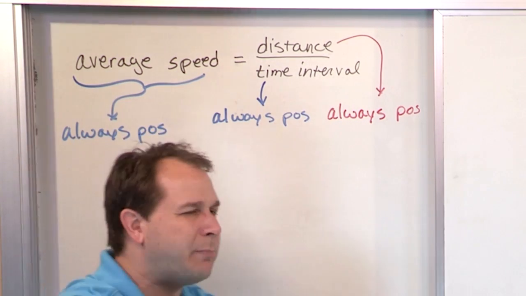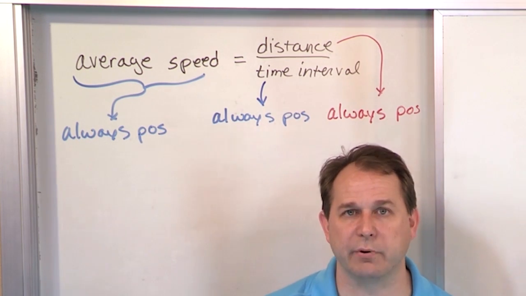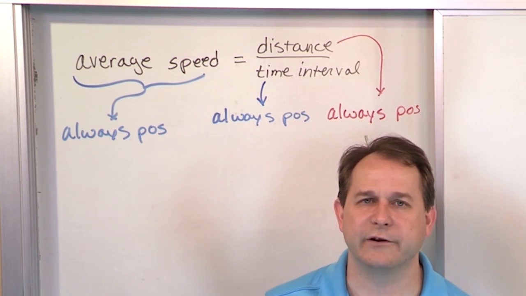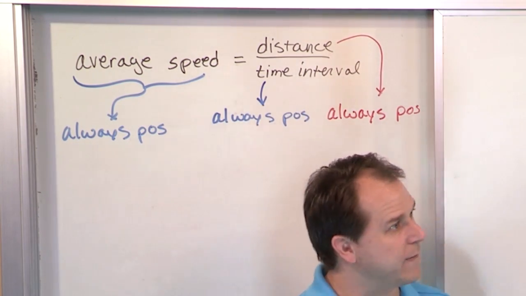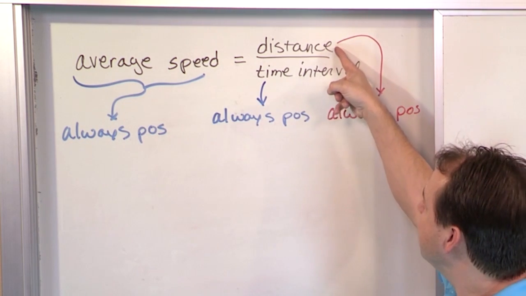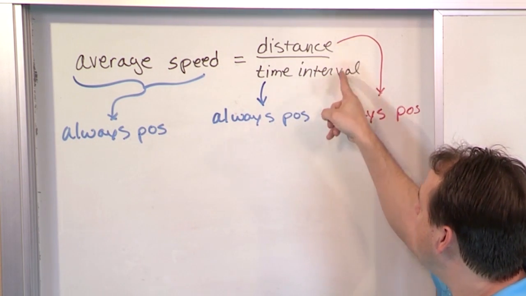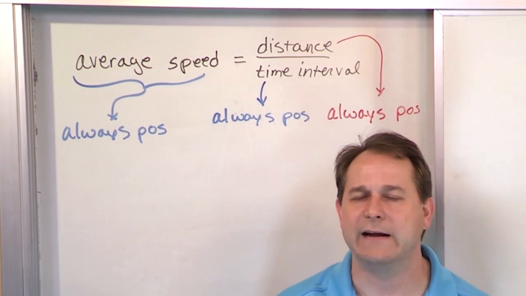Because it's always positive, it can never have a negative number associated with it. That means it's not a vector, because vector quantities have to be able to convey direction. They have to be able to tell you you're going that way or you're going that way. But since the distance is not a vector and the time is not a vector, and we divide both of them, positive numbers always, we always get a positive number. So average speed is not a vector.